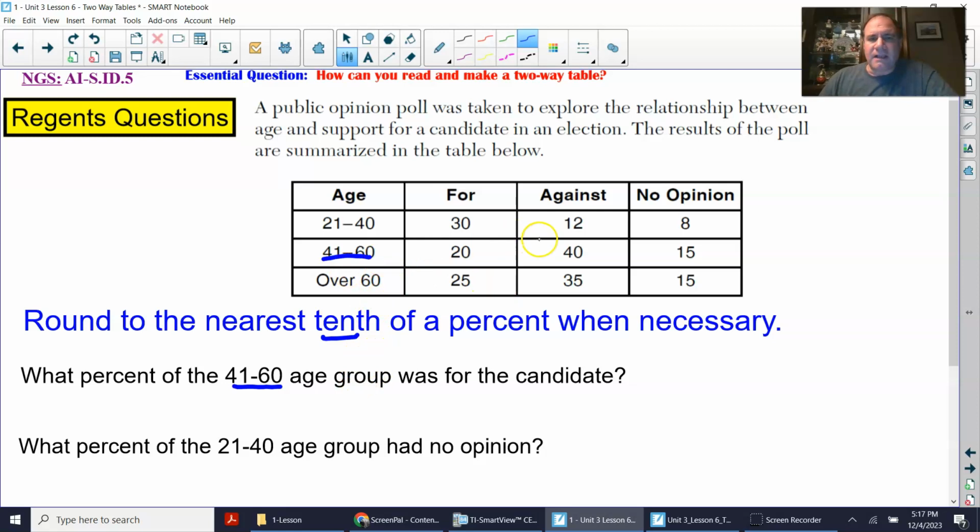I'm going to have to get some totals here because I don't know the bottom part of my fraction. 20 plus 40 is 60, plus 15 is 75. So I know that this is 75 in the 41 to 60 group. How many of these 75 people were for the candidate? 20.